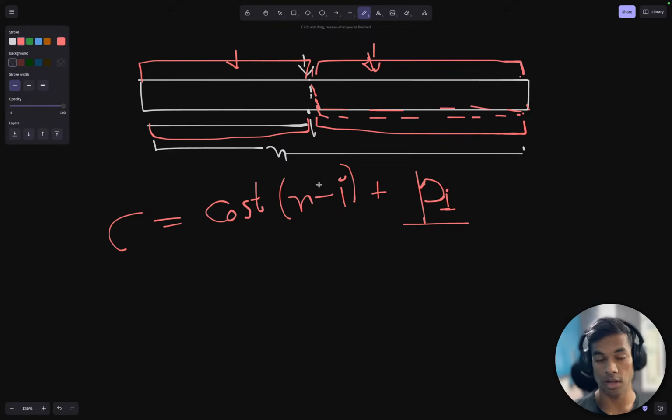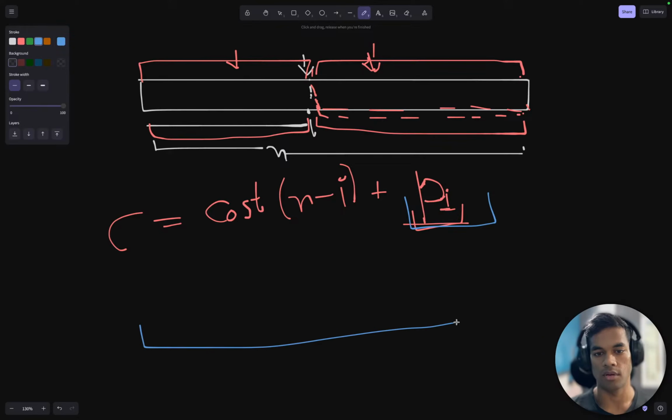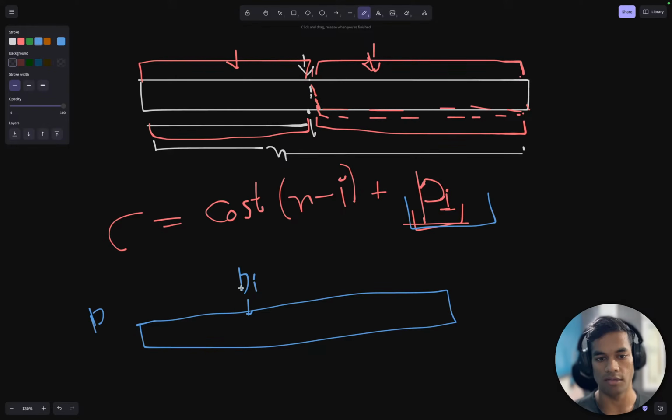So here the cost of making a particular choice is different for all the i's that we have. We have our vector P where Pi has some cost xi, which is the cost for a rod of size i.